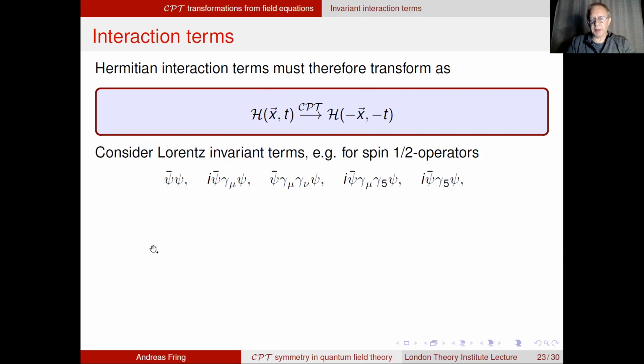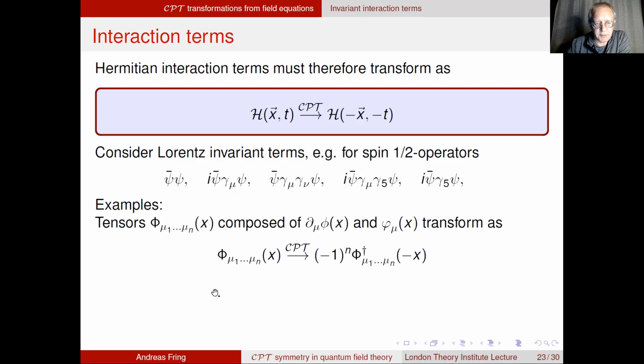So then the theory says something about relativistic, meaning Lorentz invariance. So you can just consider Lorentz invariant terms and include them now into your interaction. So here are some examples for the spin half fields. Other examples: now you want to know how does this transformation act on interaction terms of different kinds. And here's another example.